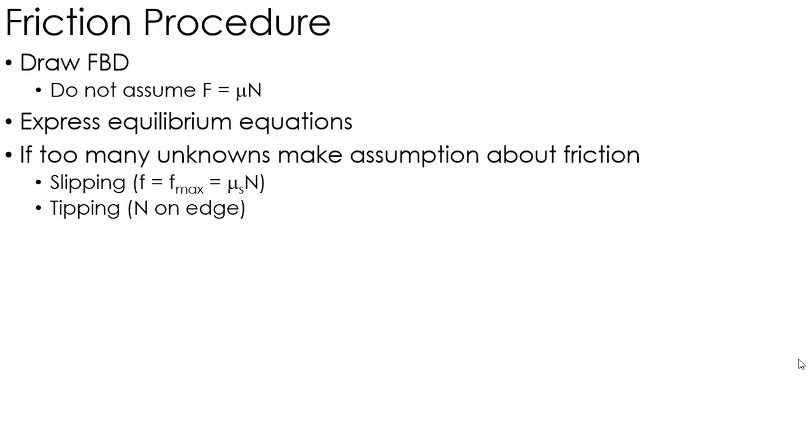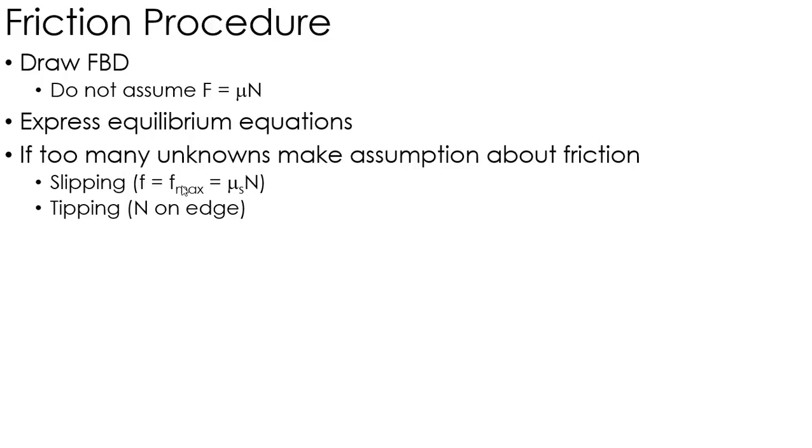Now this assumption is going to have to be proven later. So I have to make an assumption about friction. I can either assume that the body is about to slip, at which point the friction is at its maximum friction force.